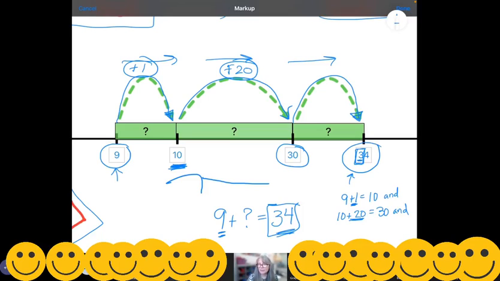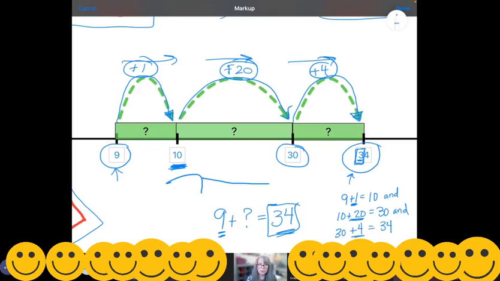Okay. All right. Cadence and Evan, you can put your hand down. 30 plus 4 more gets me to 34. So my last step was 30 plus 4 equals 34.